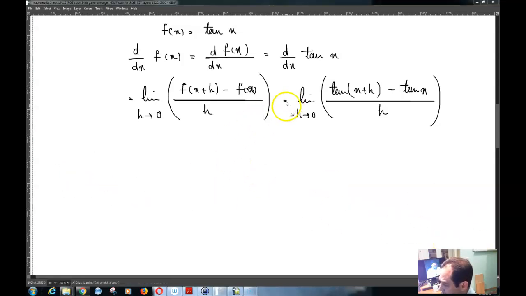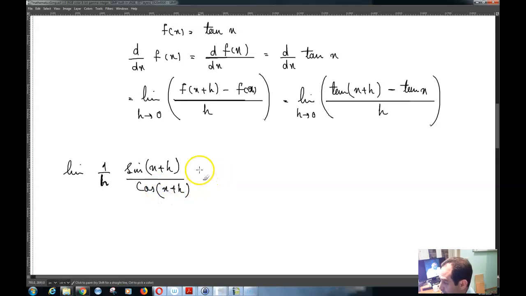So I can write this as the limit of 1 over h times tan of x plus h, which is sine of x plus h over the cos of x plus h, and here I have tan x, which is the same thing as minus sine x over cos x.